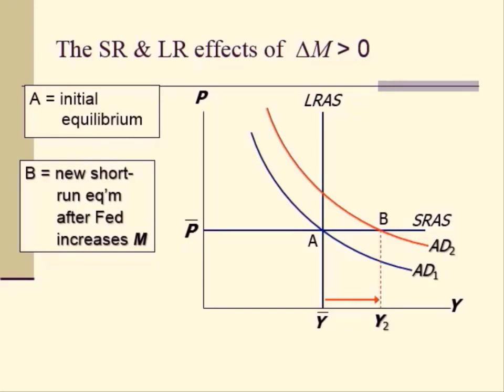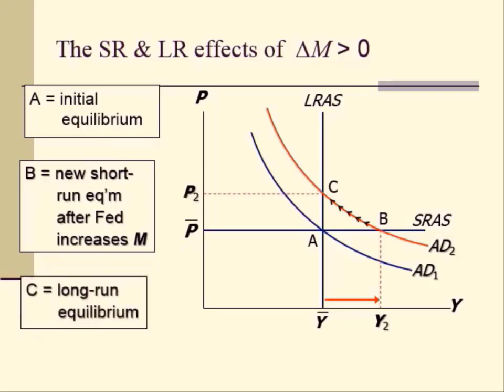So over time, as prices become unstuck, they begin to rise in response to this pressure, and as price increases from P bar to P2, moving along the new AD curve from B to C, output Y starts falling and falls from Y2 to Y bar, eventually moving along the AD2 curve.